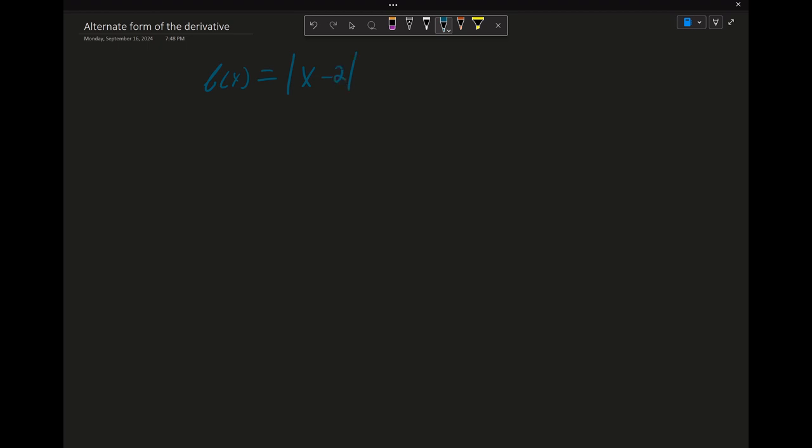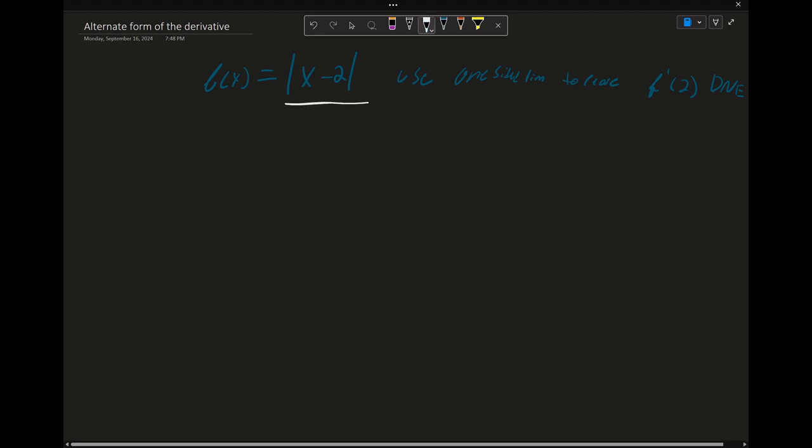And then we want to use the one-sided limits to prove that f prime of 2 does not exist. So first of all, let's look at the graph of this function, the absolute value of x minus 2.